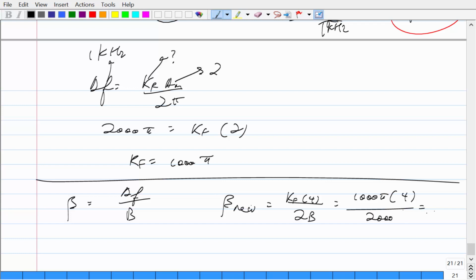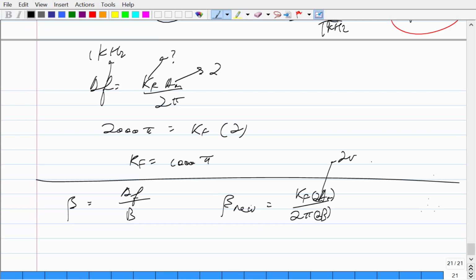So this is still equal to, let me see here, sorry. We also have to divide by 2 pi, I'm sorry. So delta F becomes K_F times A_M over 2 pi, and this is beta, over B. This numerator becomes twice as much, and this denominator becomes twice as much, because you're increasing the amplitude by 2, going from 2 volts to 4 volts.